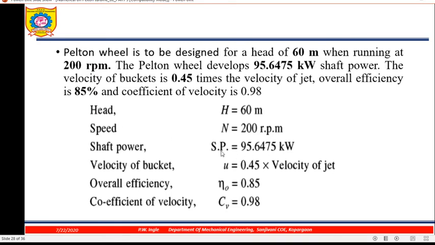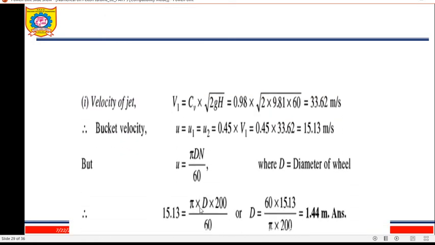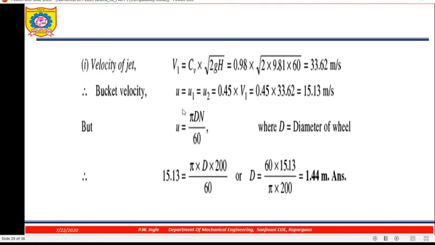So H is given, N is given, shaft power is given, velocity of bucket is given, overall efficiency is given, coefficient of velocity is also given. First of all calculate V1, then U1 equal to U2, that is 0.45 V1.